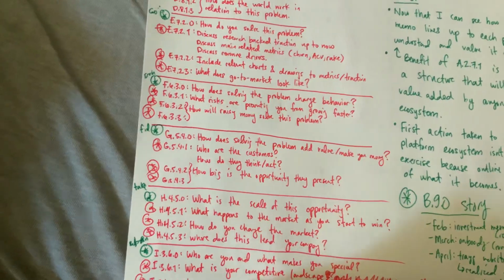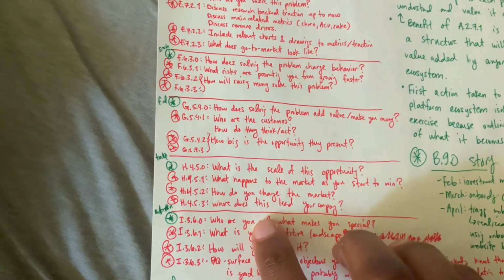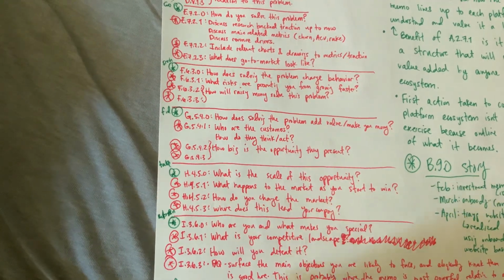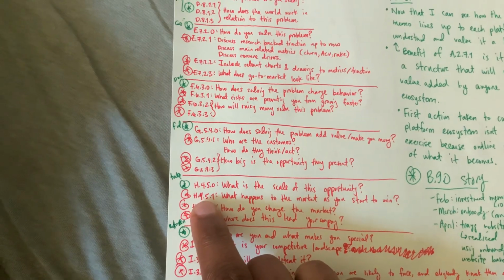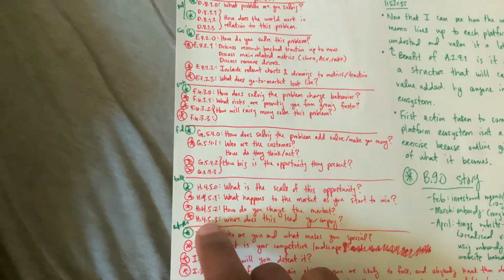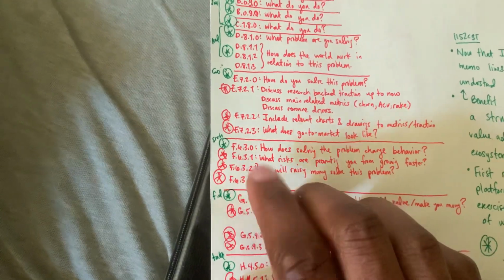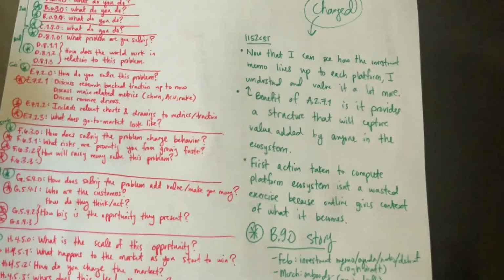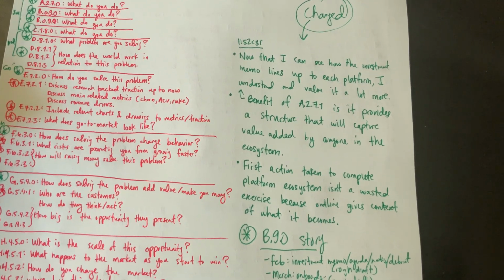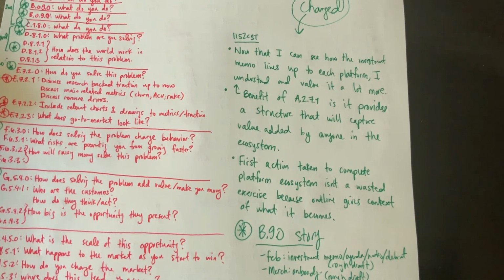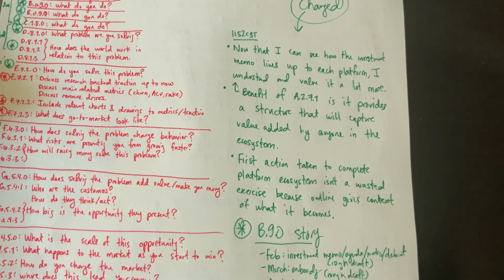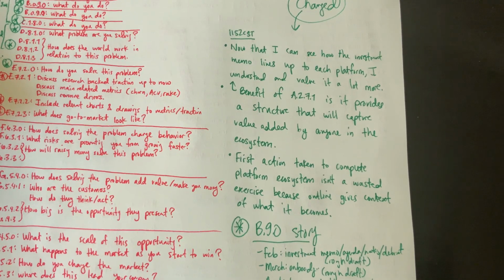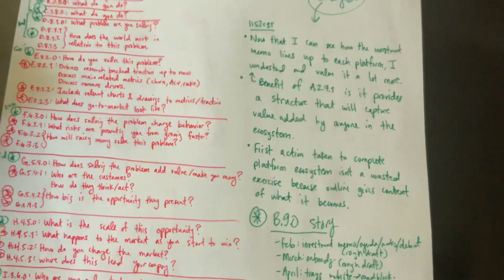So if anyone in the ecosystem is exploring how what we do changes the market, if someone's adding value and creating a new theory, or an experiment, or an essay, or a blog post, anything that they're doing will instantly add back to the investment memo so we can make it more valuable. The first action taken to complete a platform ecosystem isn't a wasted exercise, because the investment memo will now become something that gives context to what the entire platform becomes.